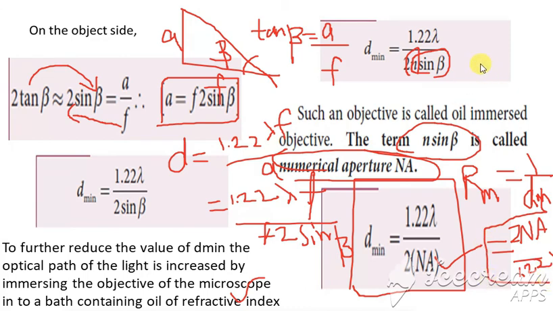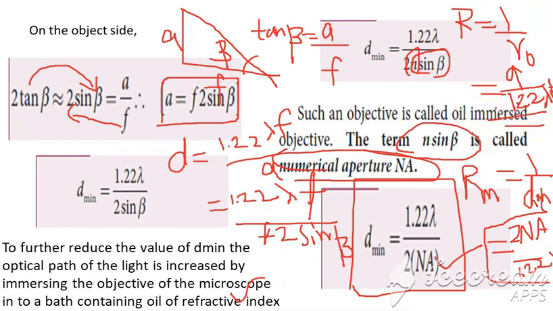Next, for the telescope, the resolving power R is equal to 1 by r naught. The r naught value is the first equation you have seen, so it is given by a divided by 1.22 lambda f. This gives your resolving power.